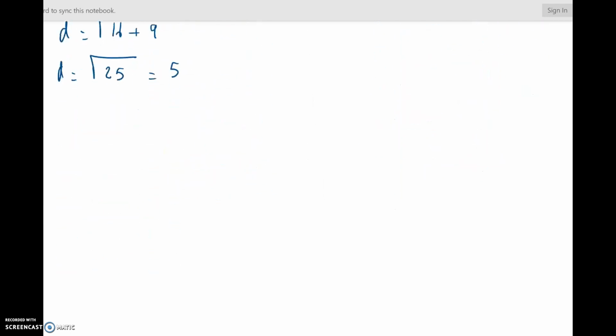Now if I look at the midpoint, well, the midpoint is a point with coordinates, and you need to remember (x1 plus x2) divided by 2, and y1 plus y2 divided by 2.